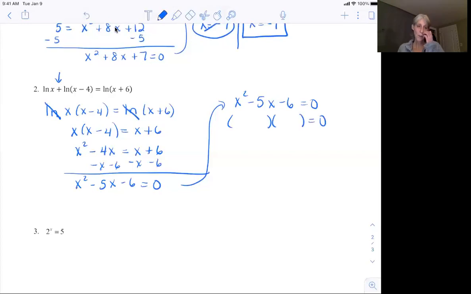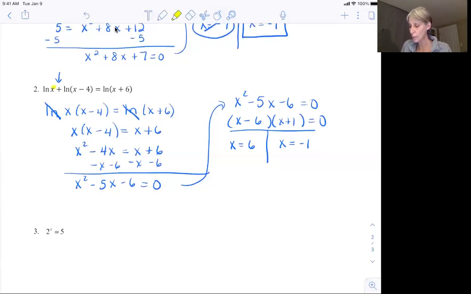And I just want to remind you here, if you get a quadratic and you can't factor it, you can use the quadratic formula. Don't forget you have that tool. x minus 6, x plus 1, I believe that does it. So x is going to be 6 and x is going to be -1, but those are the solutions to my quadratic. I have to make sure they check in the original.